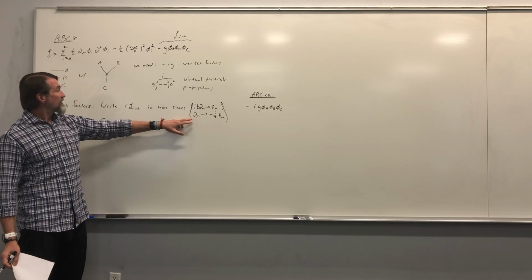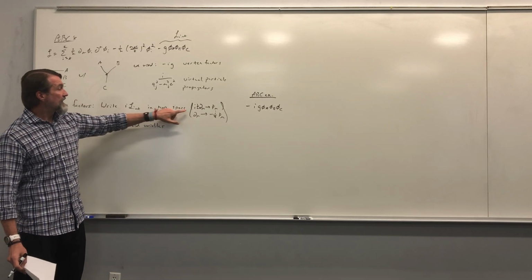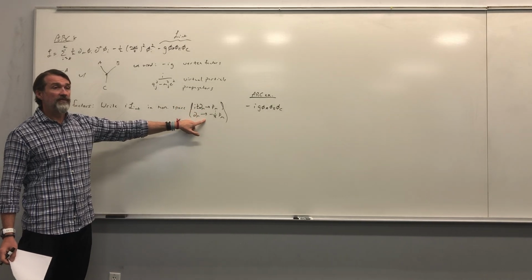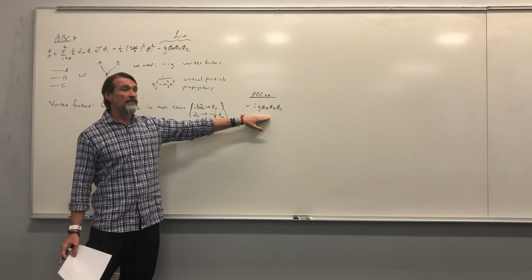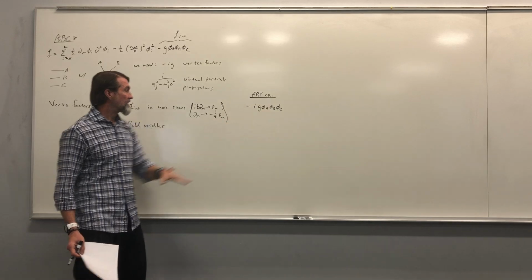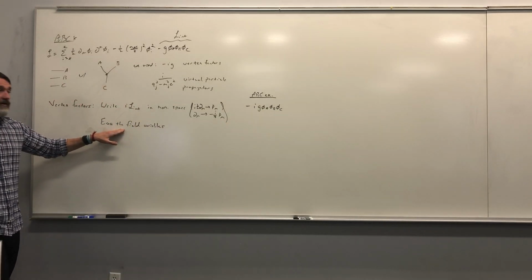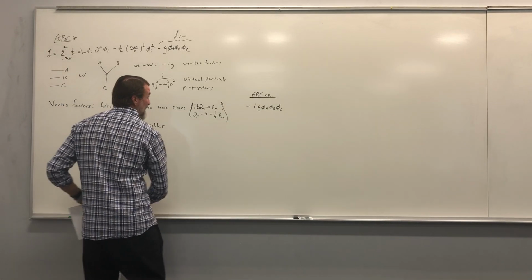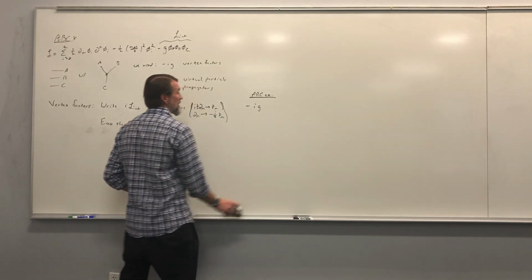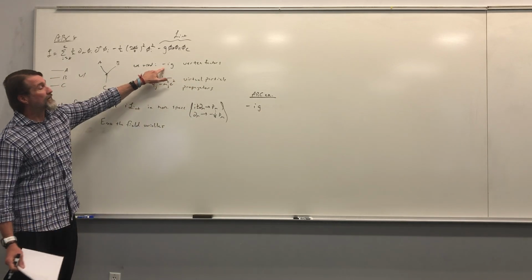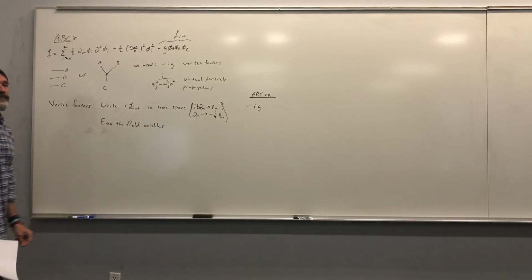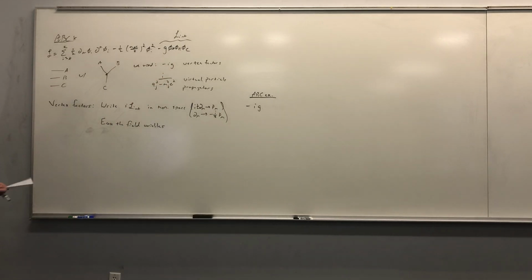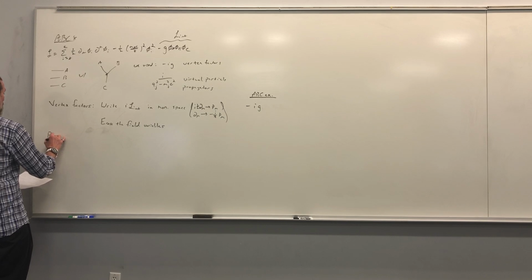We write it in terms of momentum, so we take any derivatives that are present and turn them into p's, but there's no derivatives present, so we don't really do that in this case. And then we just erase the field variables. That is, we erase φ_A, φ_B, φ_C, and boom, there's the vertex factor, as promised.